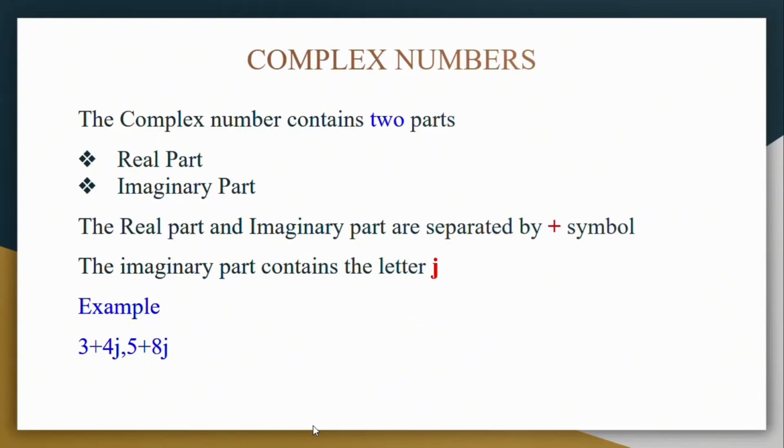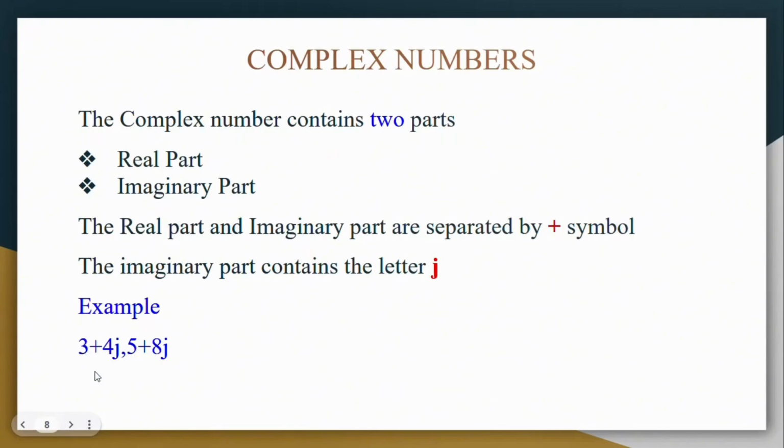The real part and imaginary part are separated by the plus symbol. The imaginary part contains the lowercase alphabet j. In the example, 3 is a real part, 4j is an imaginary part.